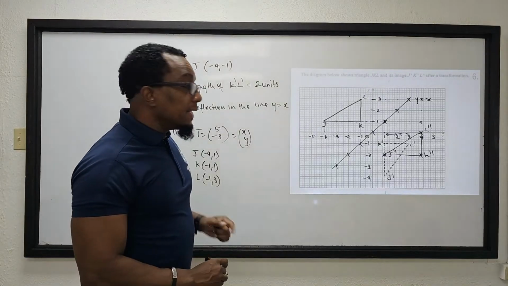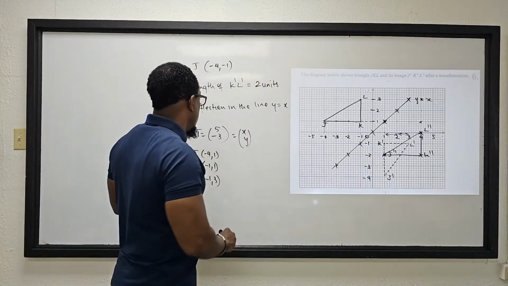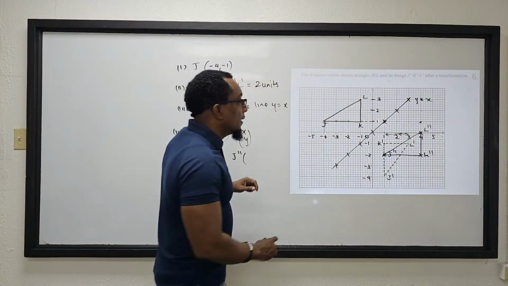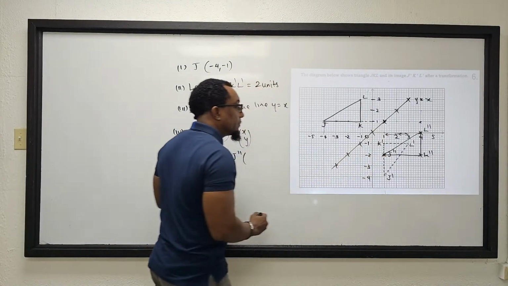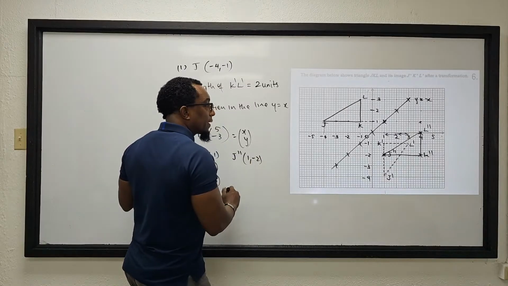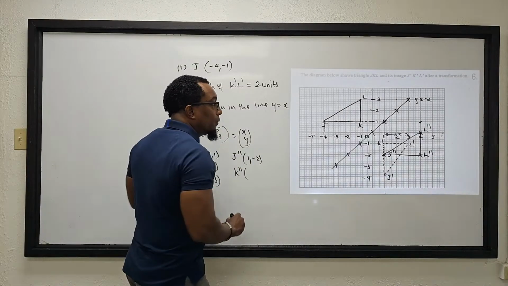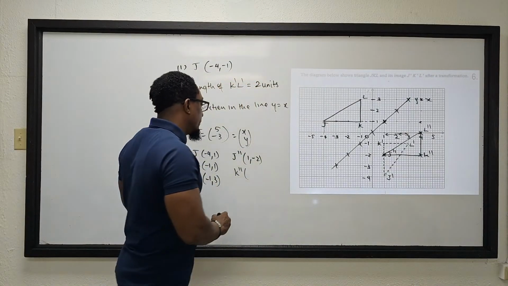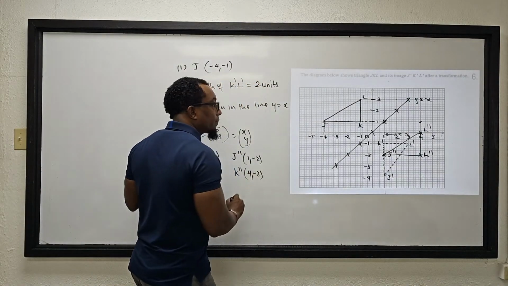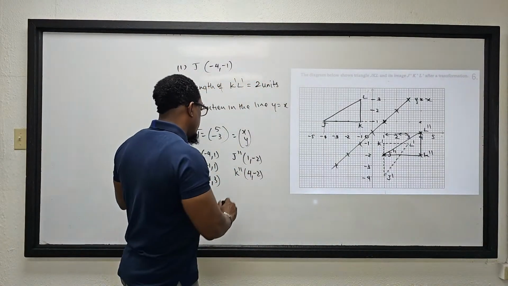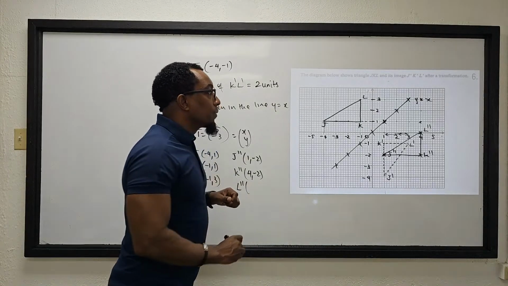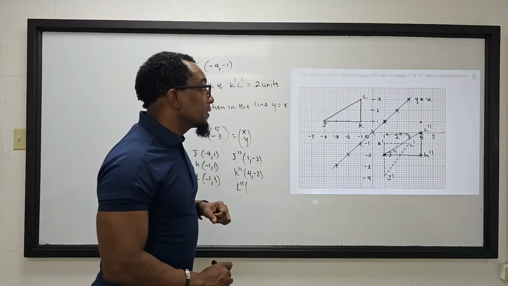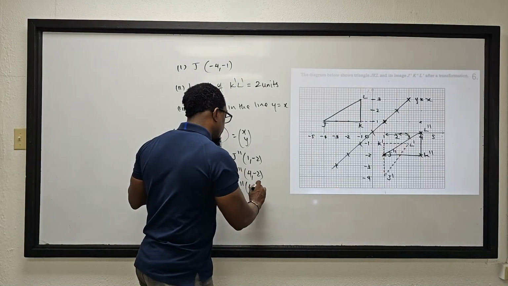And when we translate JKL to J double prime, whose coordinates are 1 on the x, -2 on the y, K double prime, whose coordinates are 4 on the x, -2 on the y, and L double prime, whose coordinates are (4, 0), exactly at 4 on the x-axis.